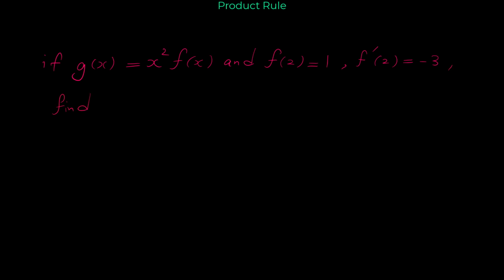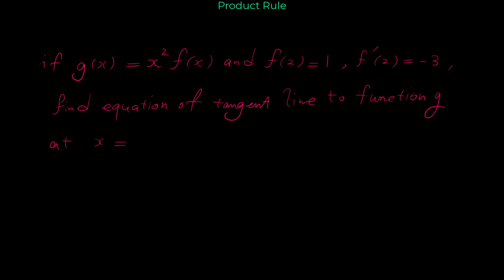If g of x equals x squared f of x, and f of 2 equals 1 and f prime of 2 equals negative 3, find the equation of the tangent line to the function g at x equal 2.